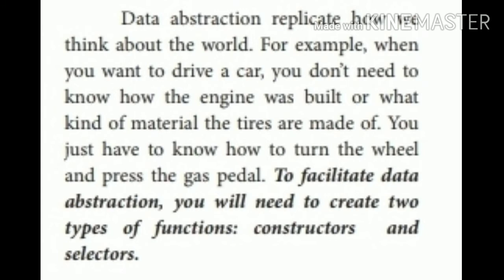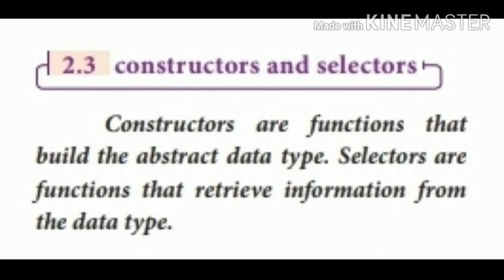There are two types of abstraction: constructors and selectors. Constructors are functions that build the abstract data type. Selectors are also functions that retrieve the information from the data type. This is the difference between constructor and selector.